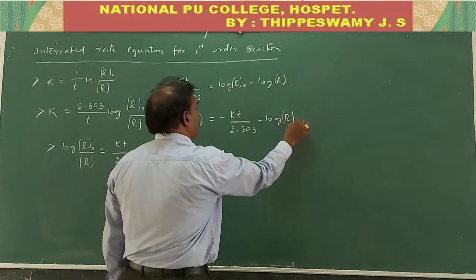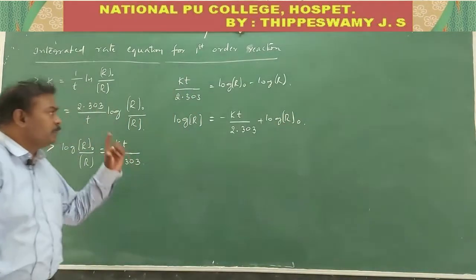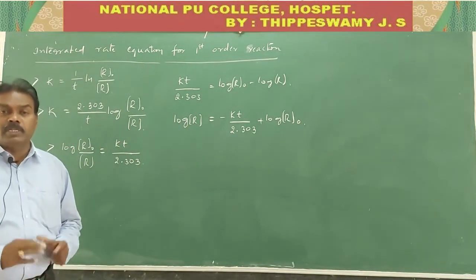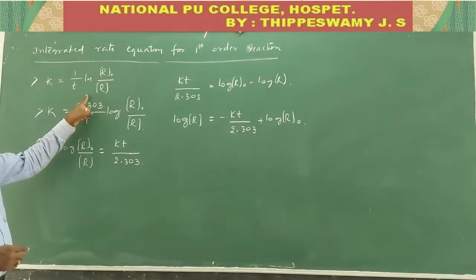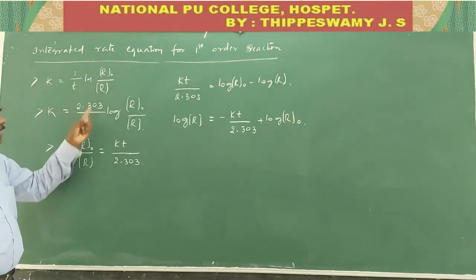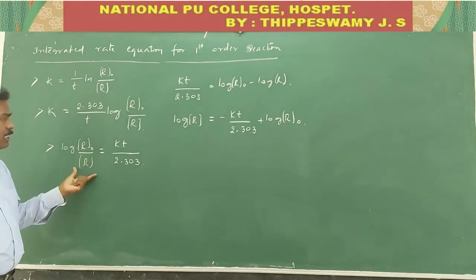Like this also we can represent the integrated rate equation for the first order reaction. So this is one form, and it is also correct. It can be written in this manner or in this manner also.